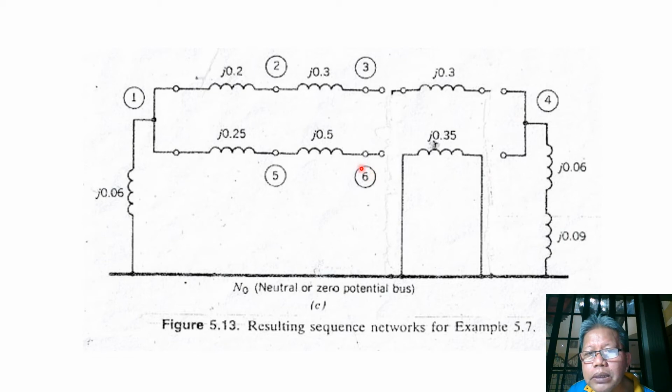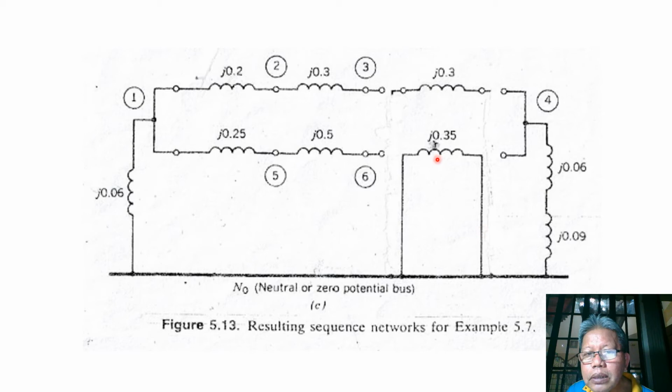But between bus 6 and bus 4, we have transformer 4, which is delta-delta connected. For delta-delta connected, it is open at the primary terminals and at the secondary terminals. So we have here open primary, open secondary.